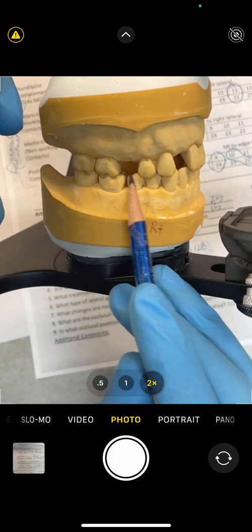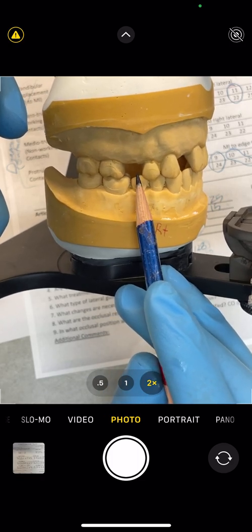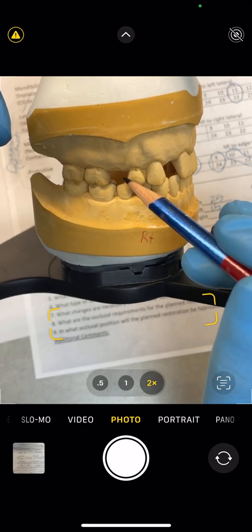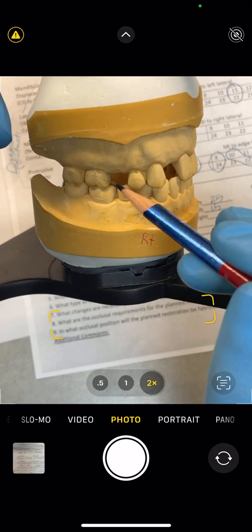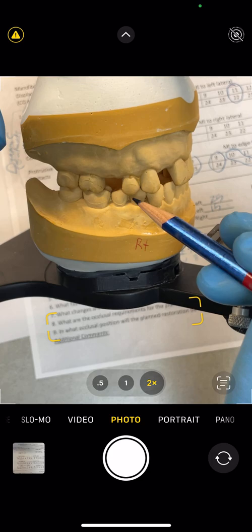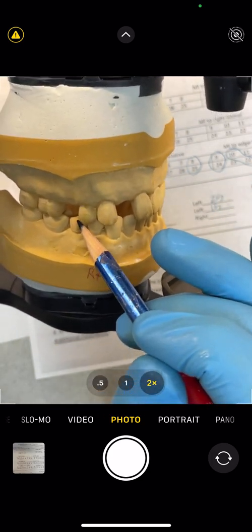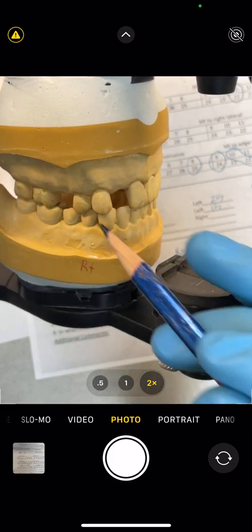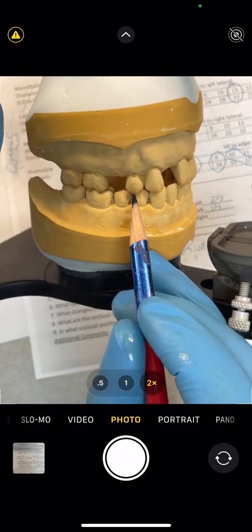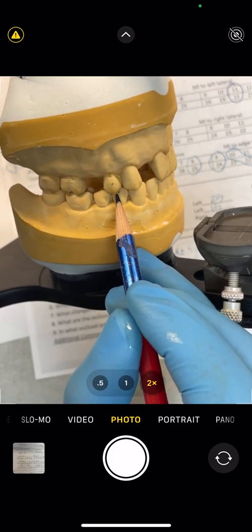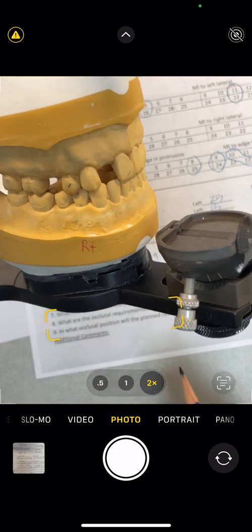The requirements: maximum centric contact in maximum intercuspation with no eccentric contacts. So only centric contacts on my restoration, no eccentric contacts. Already the abutment has an interference or a guidance here, so we're going to shave it and correct that.